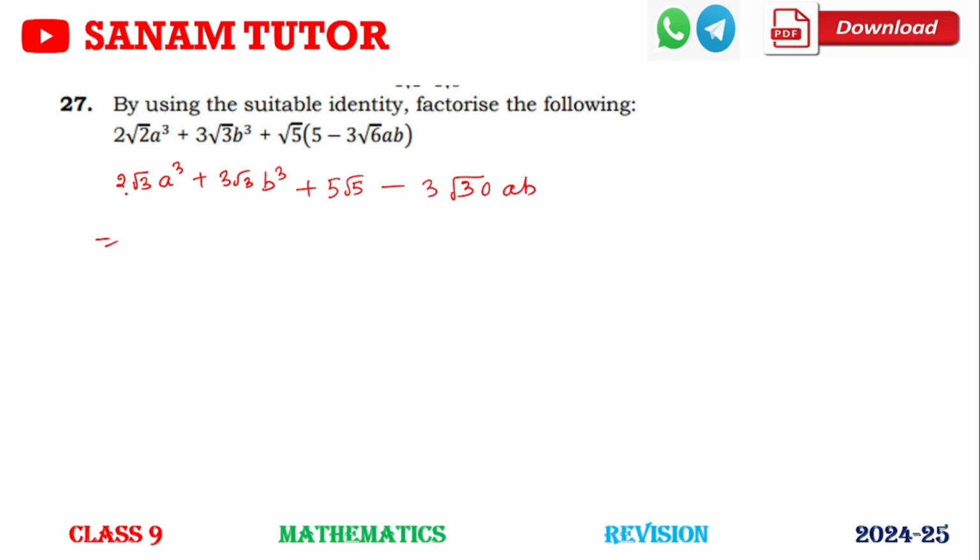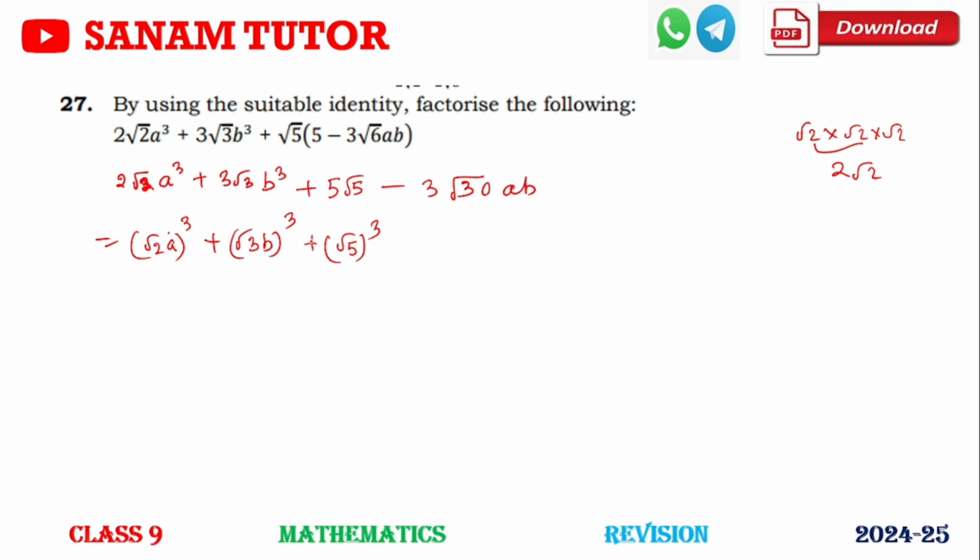Now we can write 2 root 2 as root 2a whole cube, root 2 into root 2 into root 2, that is 2 root 2. Similarly, you can write root 3b whole cube. Now here is root 5 whole cube.